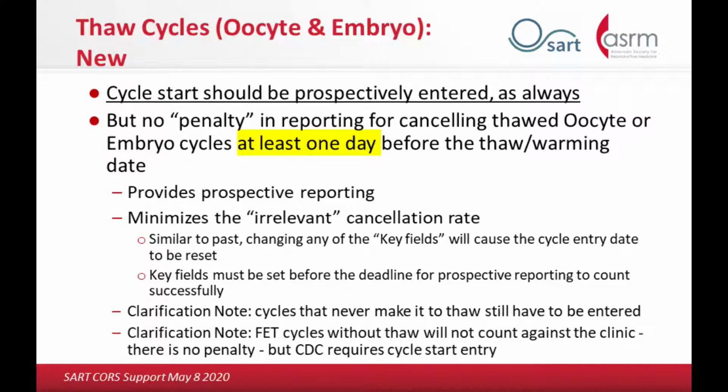Just like the old rule, if any of the key fields are changed, that causes the cycle entry date to be reset. And so it's important to know that key fields have to be set before the deadline for prospective reporting to count successfully. So that's my first bit of good news, but there's more.